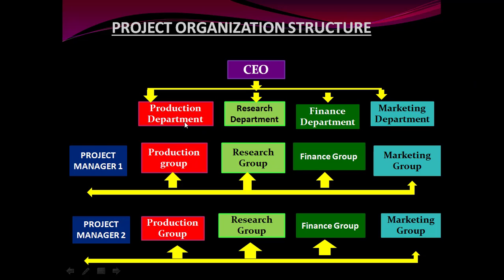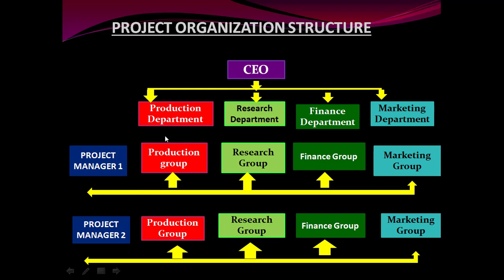There will be production department, research department, finance department, and marketing department. And the projects which the organization has, based on that, the organizational structuring is done. So here we have two projects, project 1 and project 2, which are headed by the project manager of the first group and the project manager of the second group.